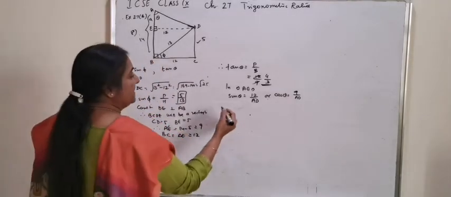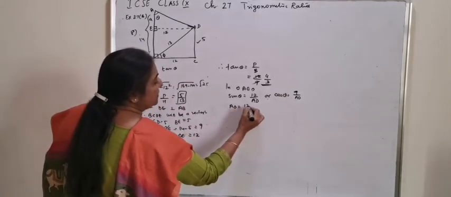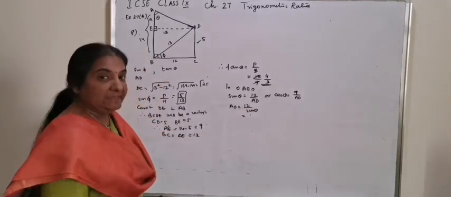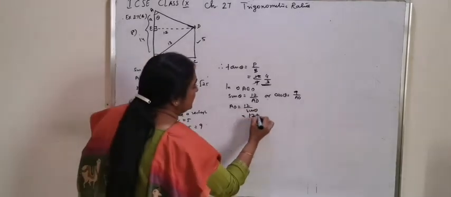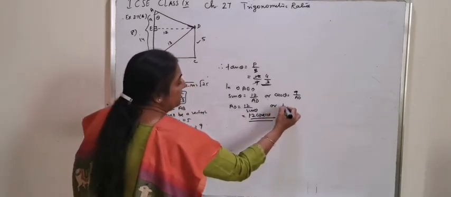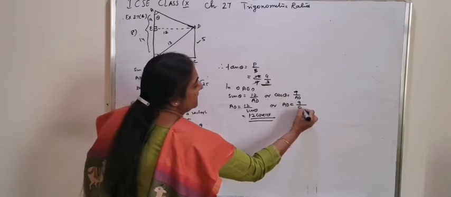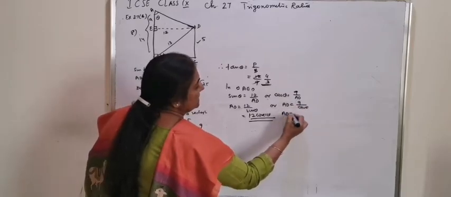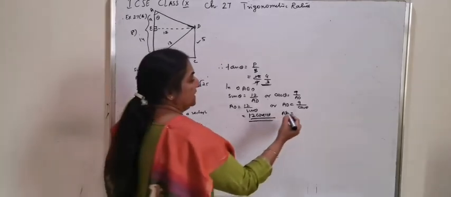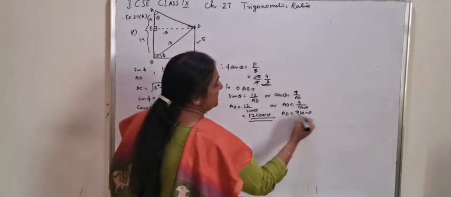So AD can be written as 12 by sin theta, and 1 by sin theta is cosec theta, so 12 cosec theta. Or AD can be written as 9 by cos theta, and 1 by cos theta is sec theta, so it is the same as 9 sec theta.